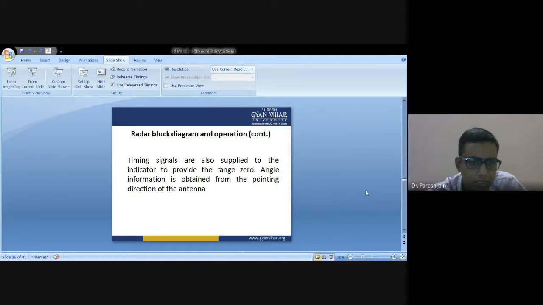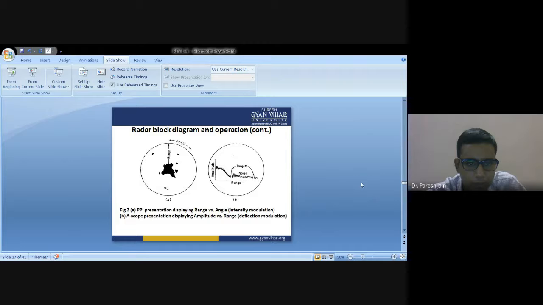Timing signals are also supplied to the indicator to provide the range zero. Angle information is obtained from the pointing direction of the antenna. This is the diagram that shows the range and angle.